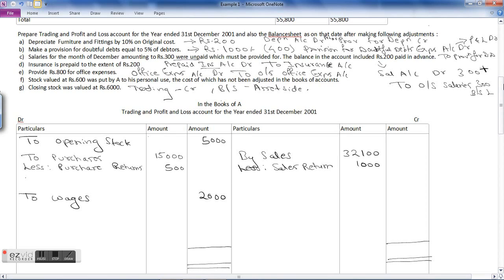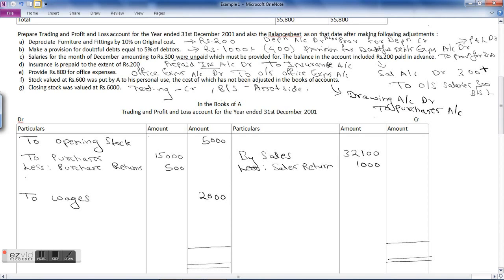So this is not related to the business, so the entry will be: your purchases have to be reduced to that extent. So drawings account debit to purchases account. So to that extent your purchases will get reduced.